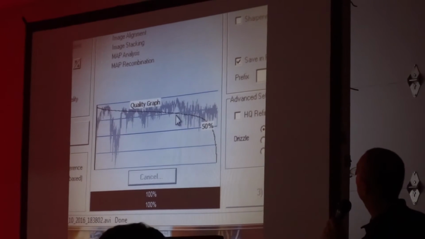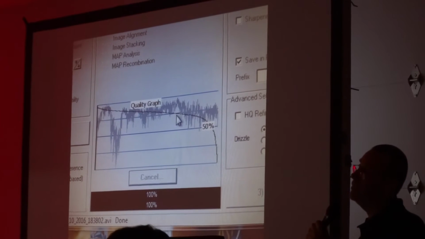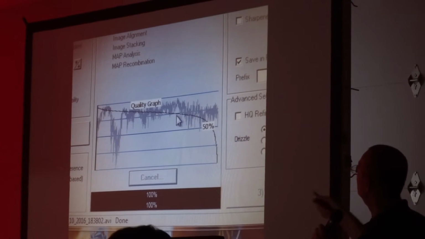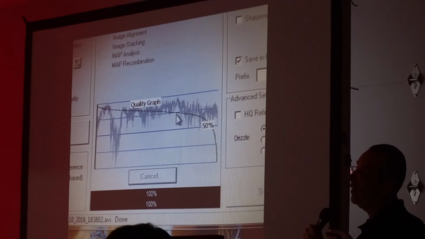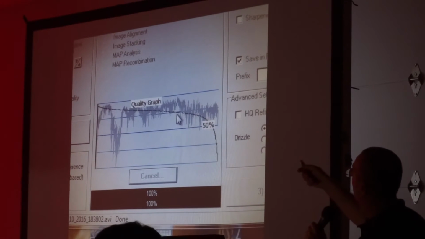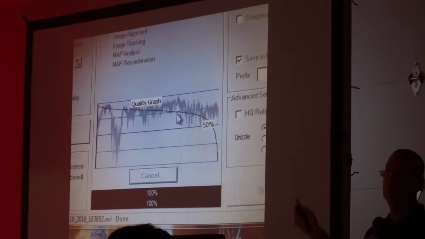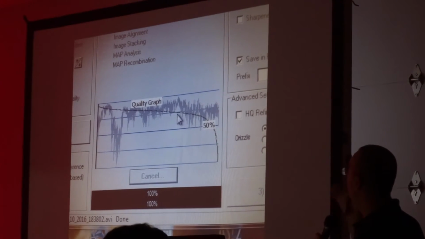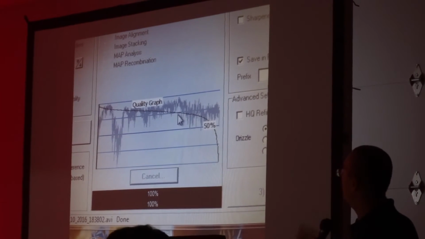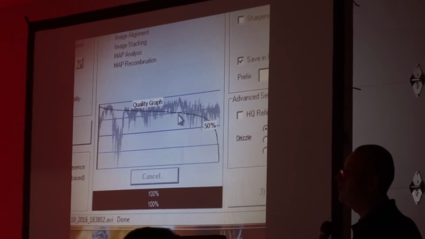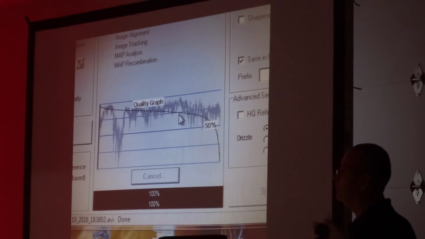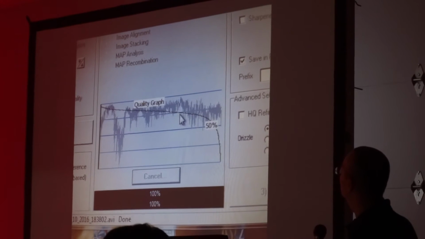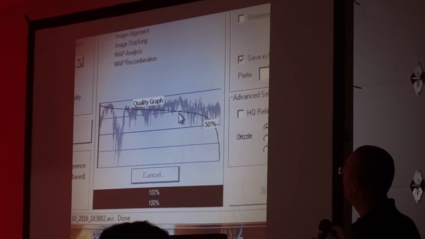Now look at this one. Here you're out to around 70%. That means 70% of my 3,000 frames are at least 75% quality. Now you can do some real manipulation of your image there. You can sharpen it much more. You're not going to go pixelating on it. This is what you're looking for right here.